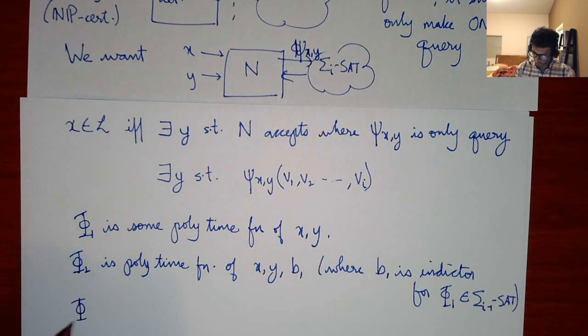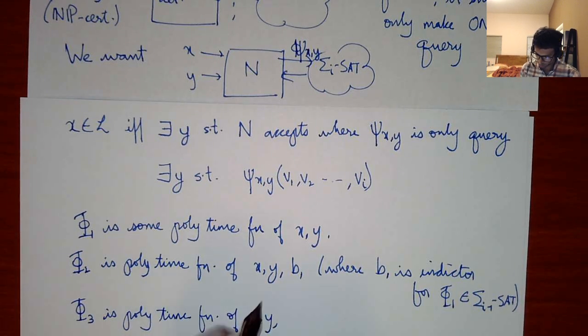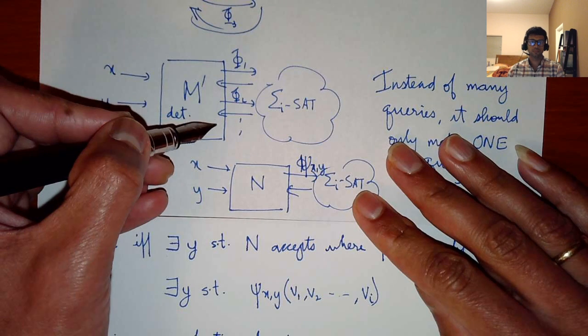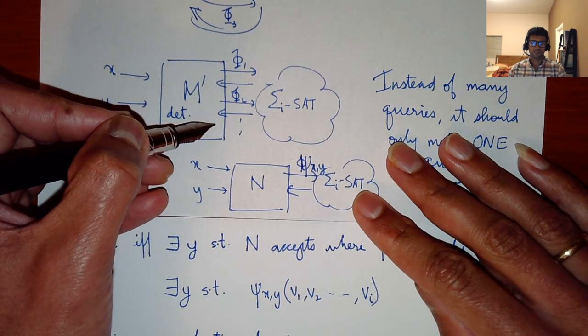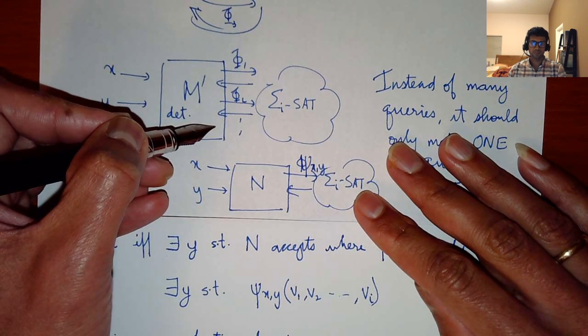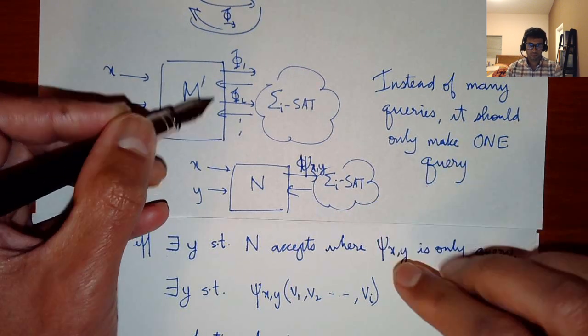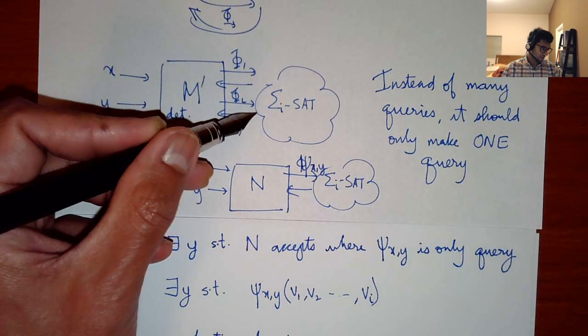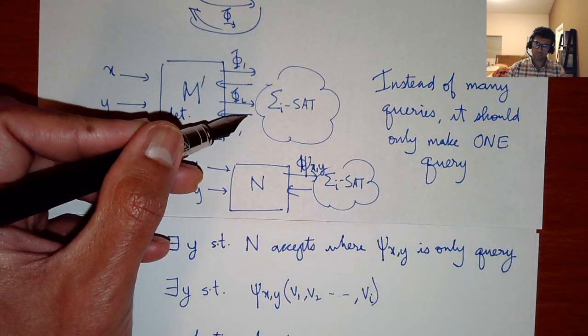And now phi 3 is a polytime function of x, y, b1, and b2, where b2 is the indicator of phi 2 being in sigma I SAT, and so on and so forth. So these are all the queries made to the sigma I SAT oracle.